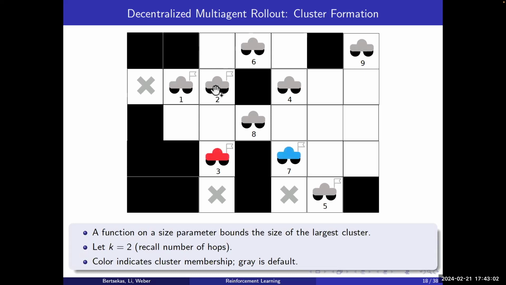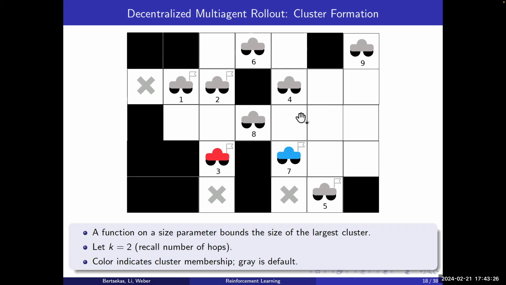So 1 can see 2, and 2 has its flag raised, but 1's ID is less than 2, so 1 becomes disqualified. 2 can see 3, and 3 has its flag raised, so 2 can disqualify himself from becoming a leader. And this leaves 1 unique leader per cluster. The same thing is happening on the other side here. So this is a different cluster.